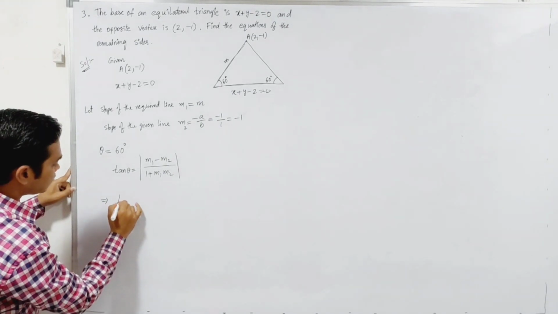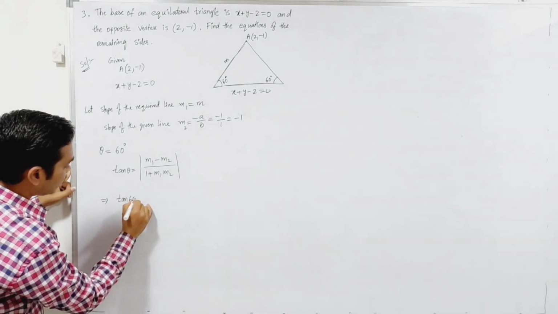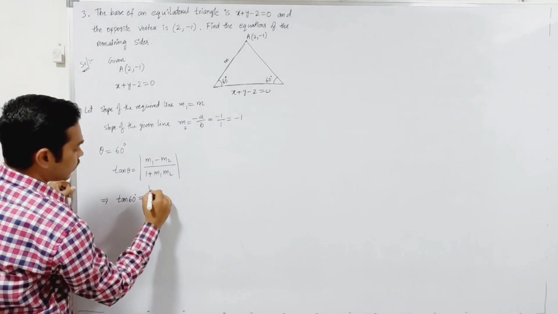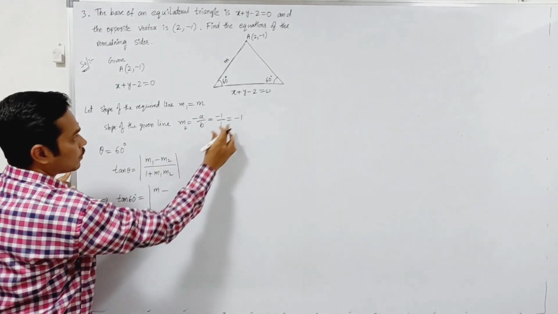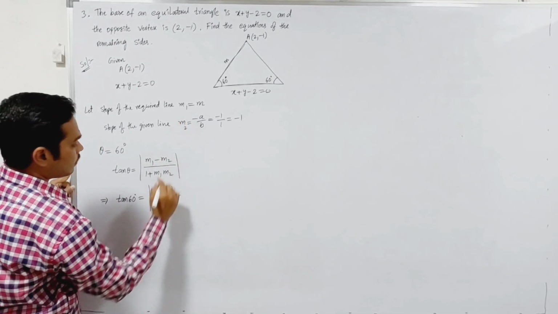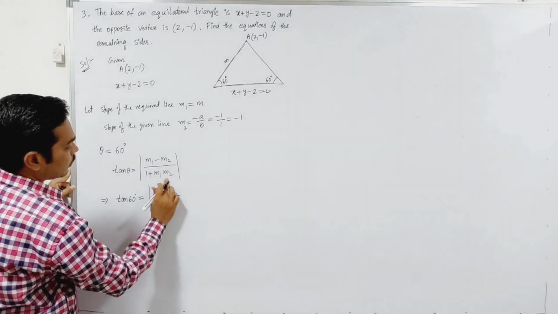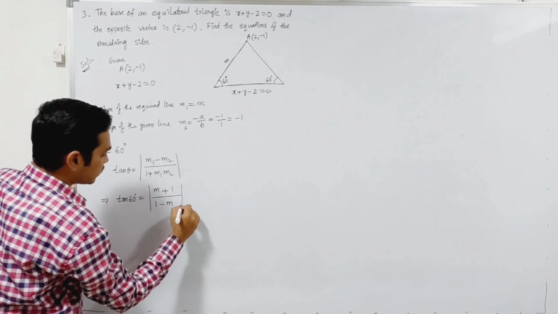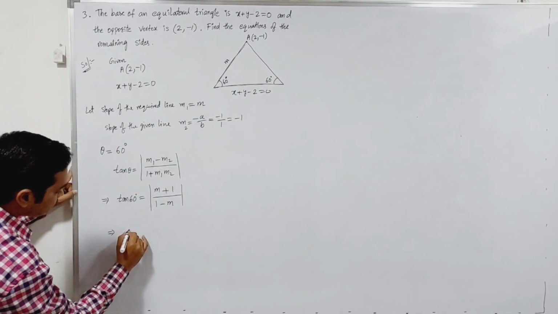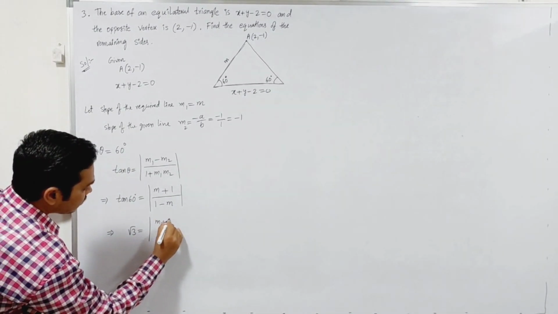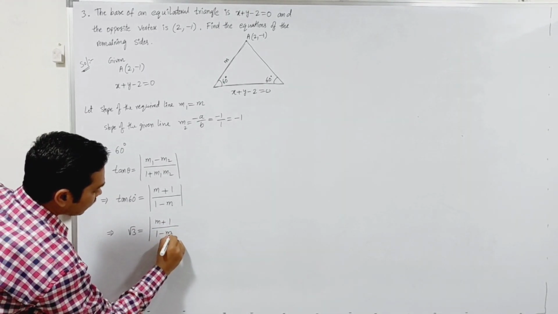So tan 60 = modulus of (m - (-1)) / (1 + m1 m2). Minus of minus means plus, so m + 1 over 1 + m into -1, which means 1 - m. Tan 60 is root 3, so root 3 = modulus of (m + 1)/(1 - m).